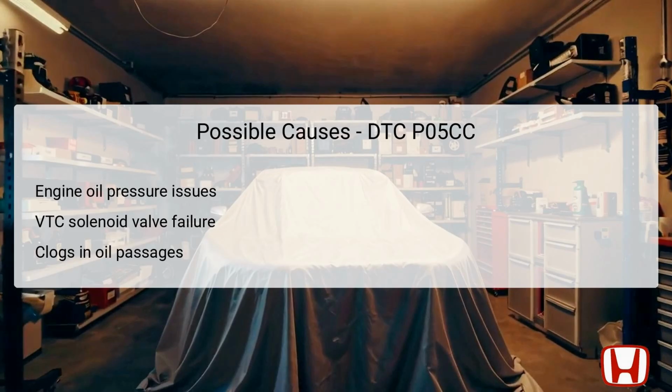Additionally, debris or other obstructions in the VTC system oil passages could block oil flow, compromising the system's performance. Each of these factors can lead to the failure of the phase control system and should be inspected thoroughly during troubleshooting to ensure all components meet operational standards.